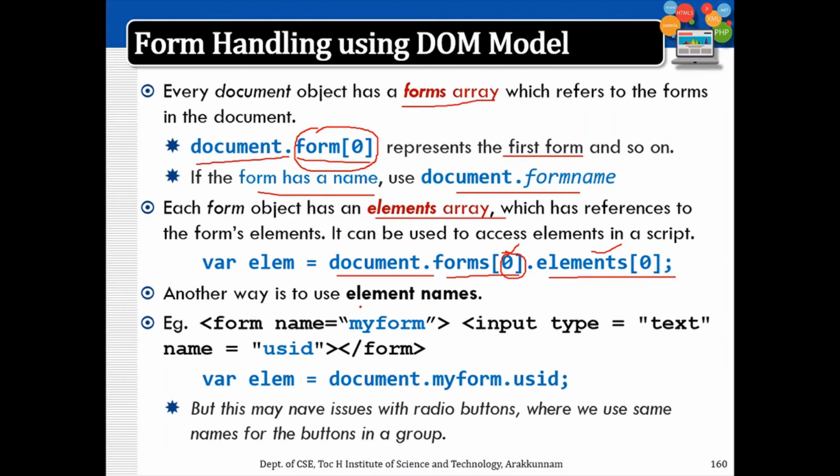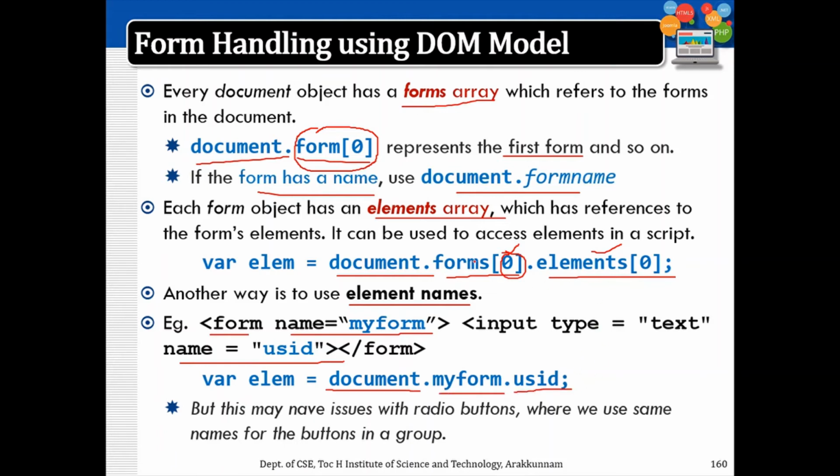Another way is to use the element name, same as the form name. If I have given an element a name, I can access it using that name. Suppose I have a form with name equal to myform, and an input type equal to text, a text box with name equal to usid. This can be accessed as document.myform.usid.